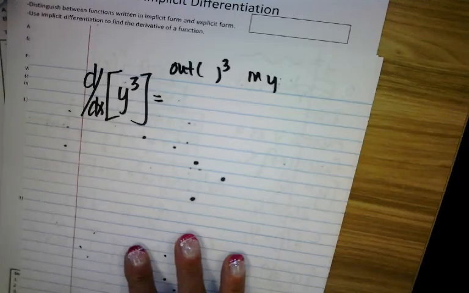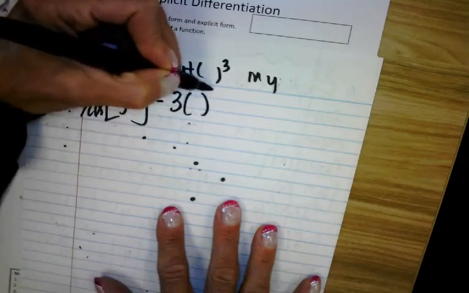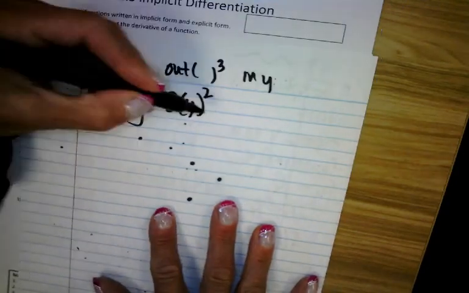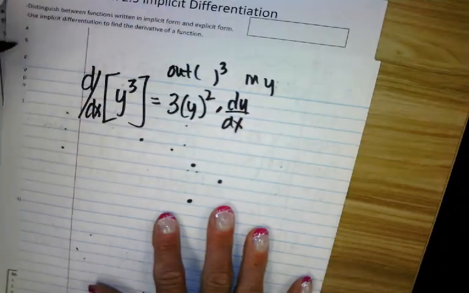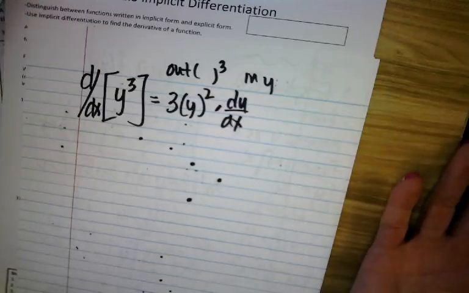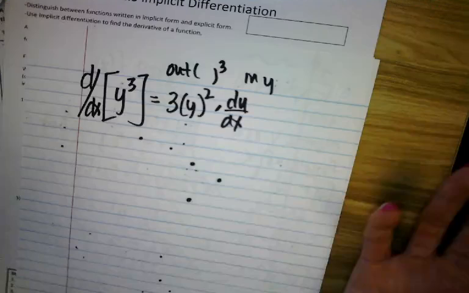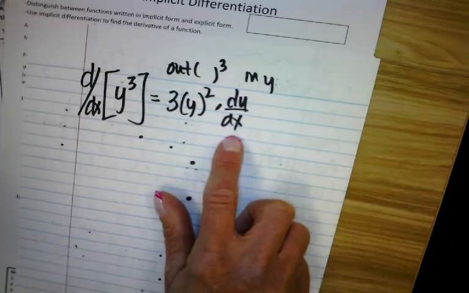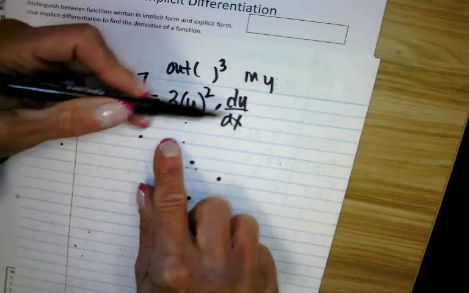So the derivative of something cubed is 3 times that something squared, and that something is y, times the derivative of y, which is dy over dx. You could write y prime, and I think the solution manual writes y prime. I tend to recommend that you write dy over dx so that it stands out from the y's, because we'll have another process we have to deal with.